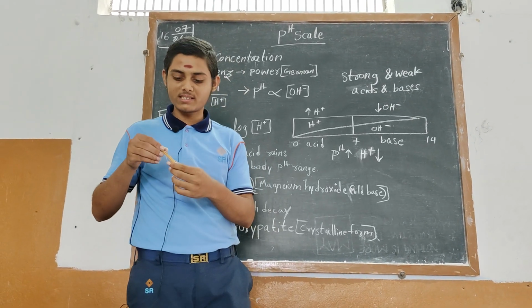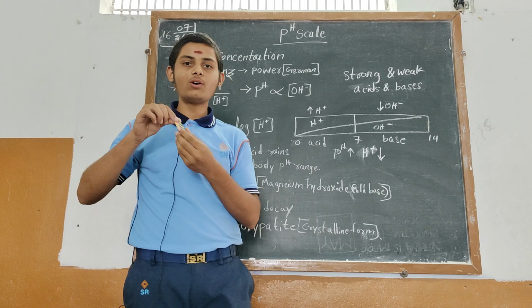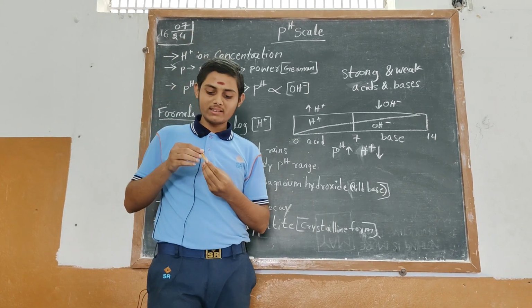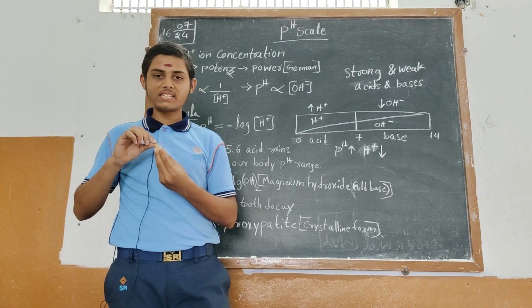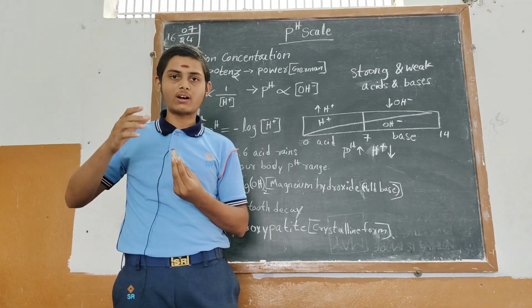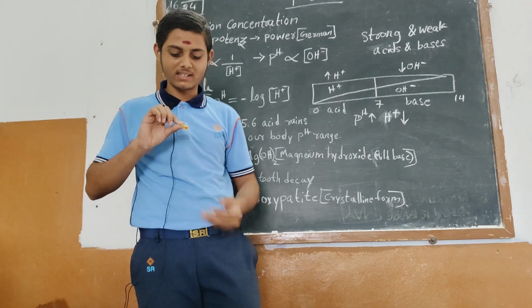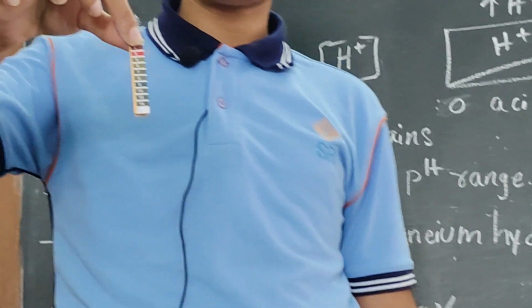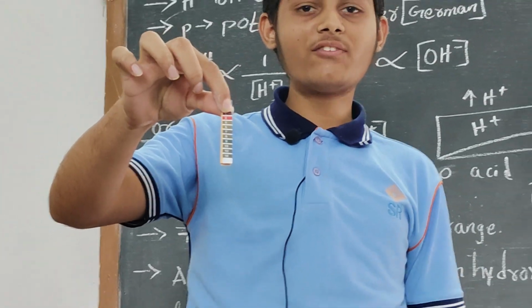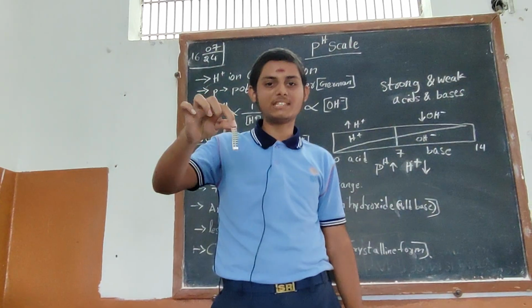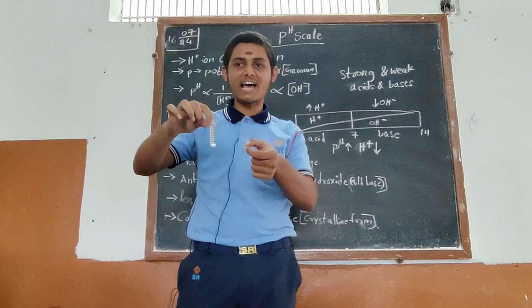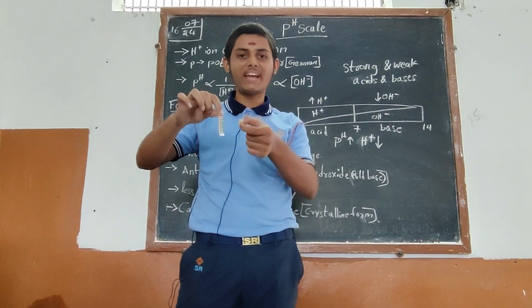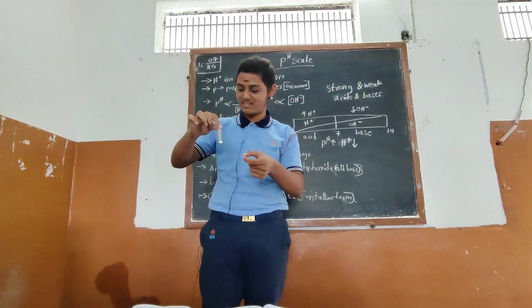This is pH paper. They come with some colors which indicate the concentration, whether it is an acid or base. See, this is the pH scale. After testing, with the change of color we can know whether it is acid, strong acid, weak acid, base, strong base or weak base.